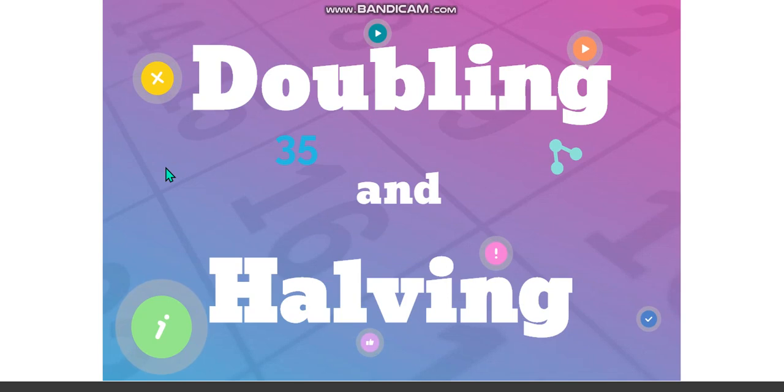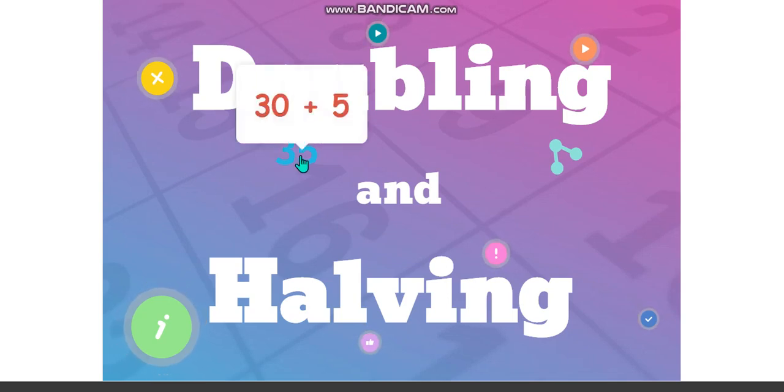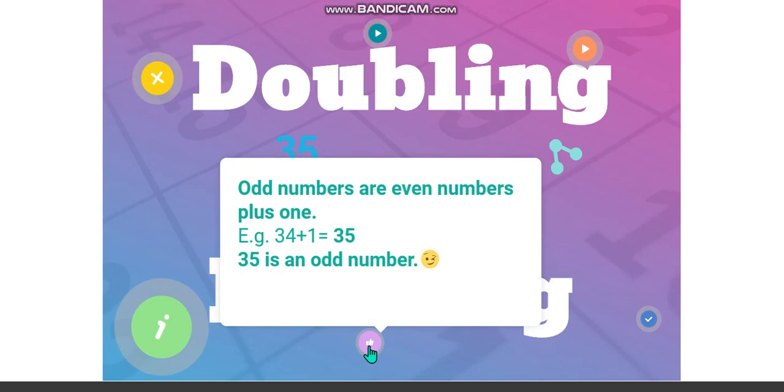It's the same thing with halving. Okay, again, just to show you this, 35 is 30 plus 5. But later, since this is an odd number, it's not going to be 30 plus 5, but it's going to be 30 plus 4 plus 5, because odd numbers are even numbers plus 1.